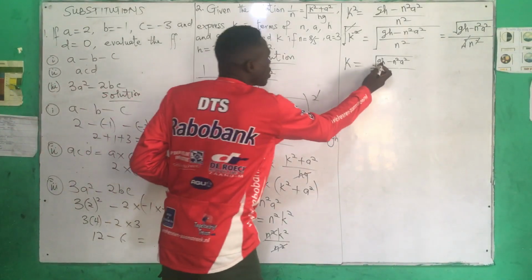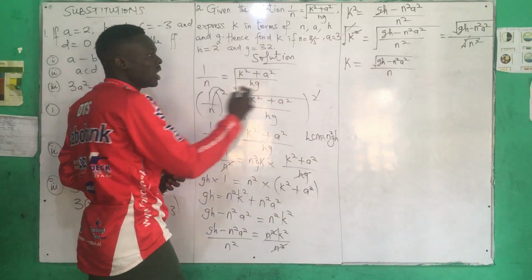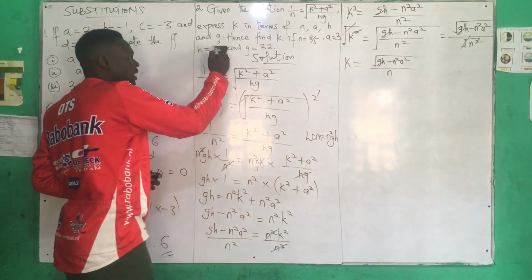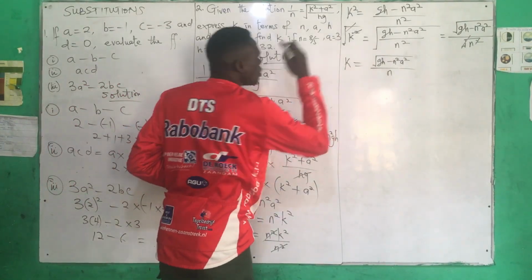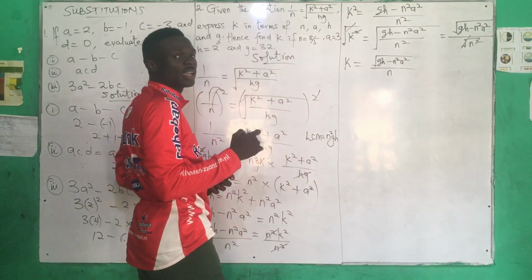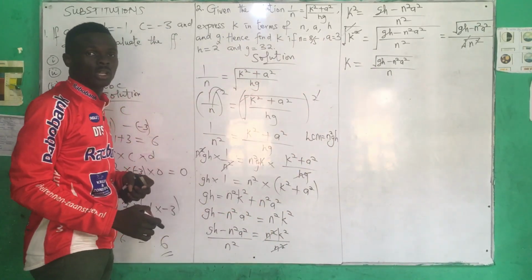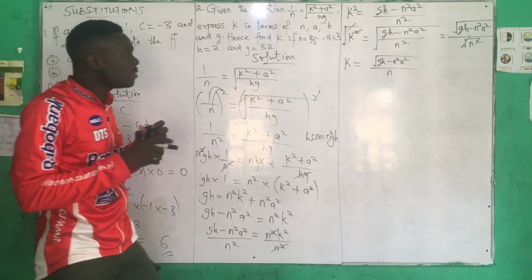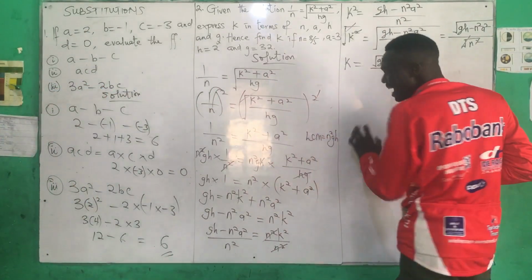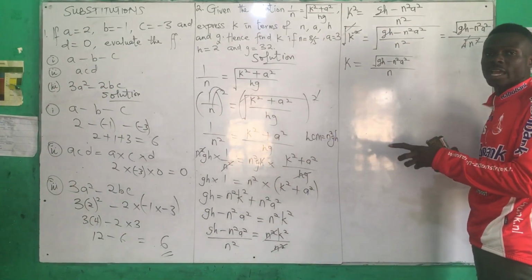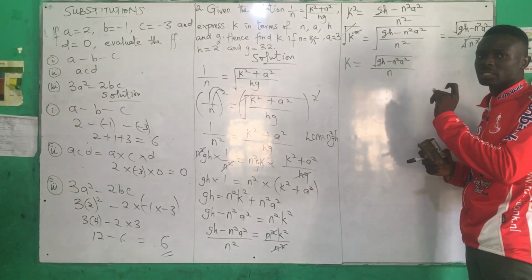So g from the question is 32. h from the question is 2. n from the question is 8 over 5. a from the question is 3. So here you take your time. But before we look at the substitution, let us quickly go over the making k the subject.